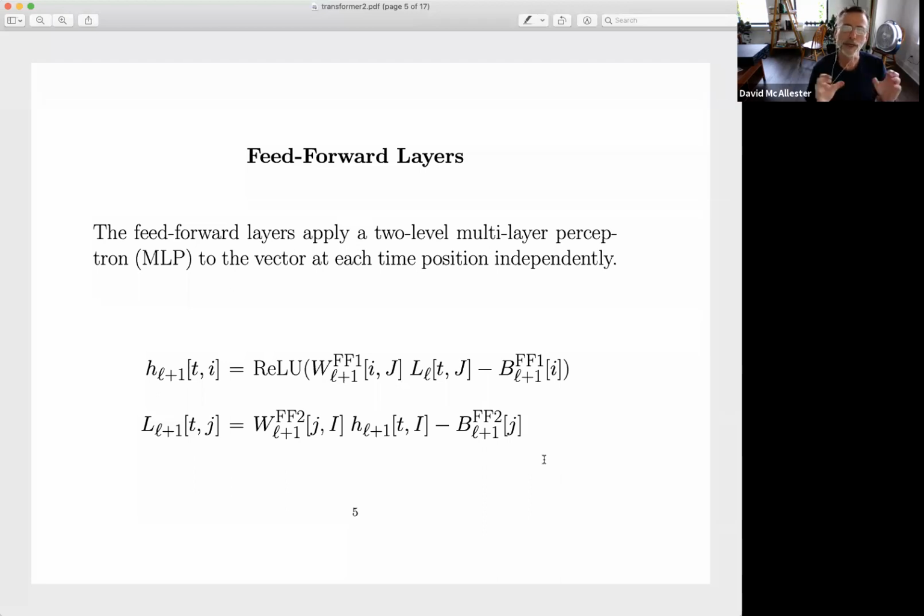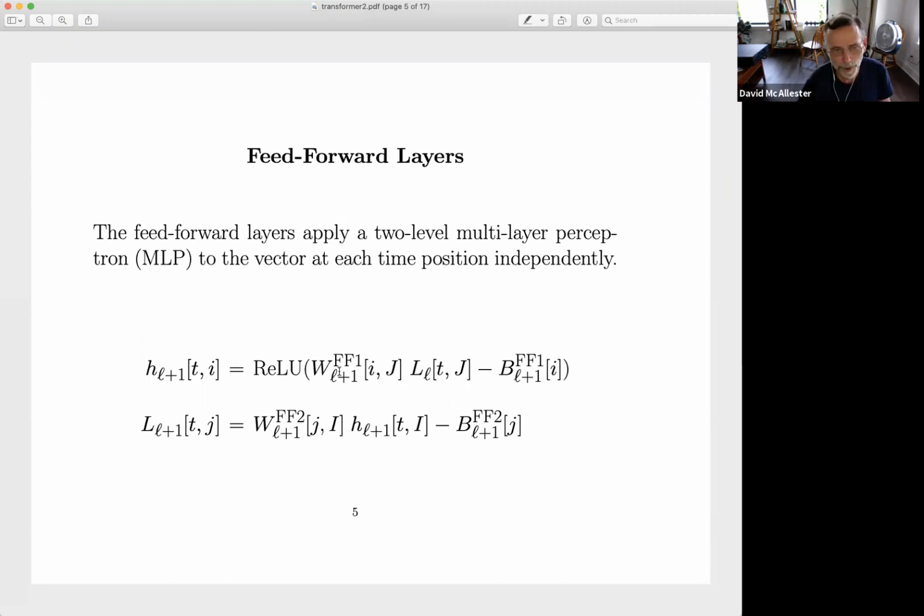Okay, the other thing that is in here is feed forward layers. The feed forward layer, remember, is operating at each position independently. And it's just a 2-layer perceptron. So the 2-layer perceptron takes the input layer and passes it through a set of linear threshold functions.